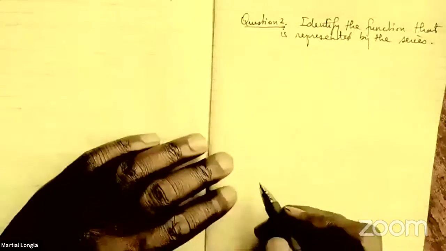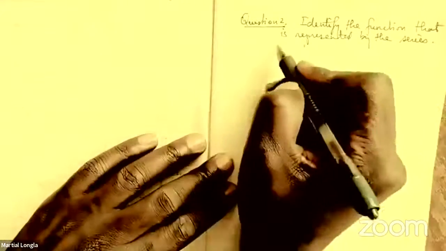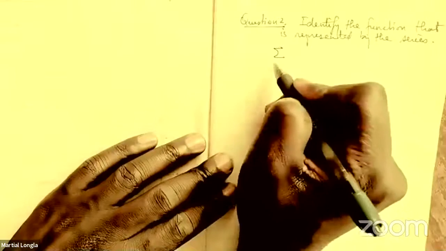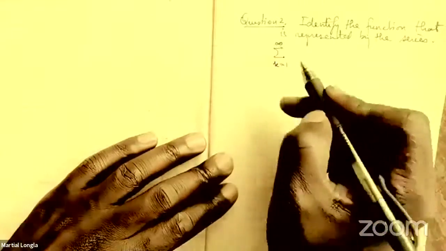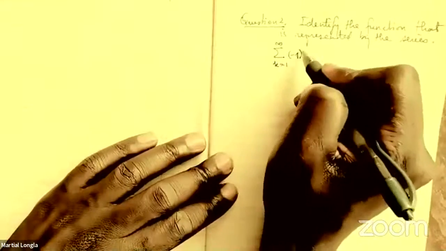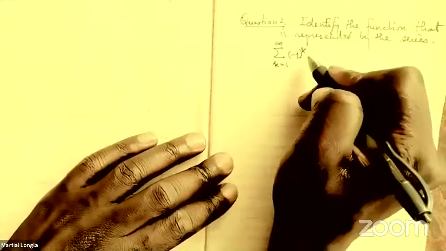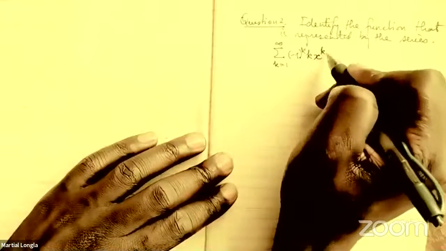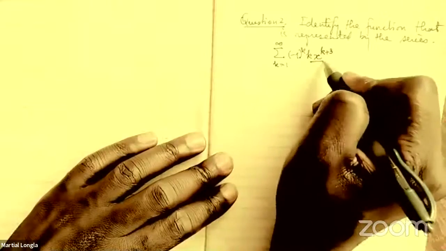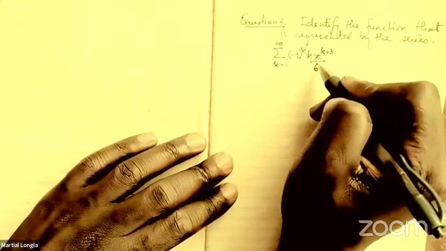So we want to identify the function that is represented by the series sum k from 1 through infinity, negative 1 to the k, for example, k x to the power k plus 3 over 6 to the power k.